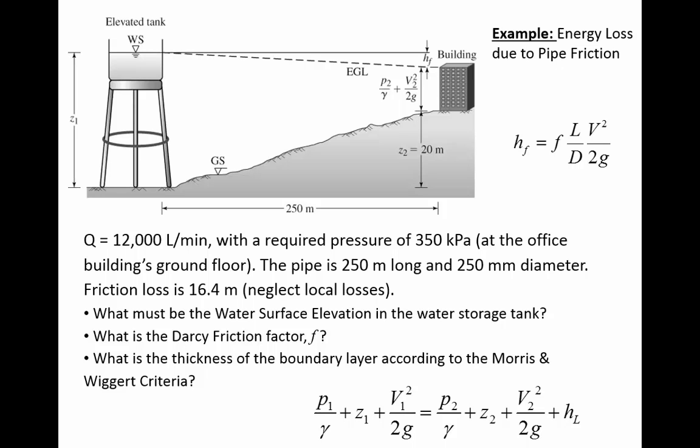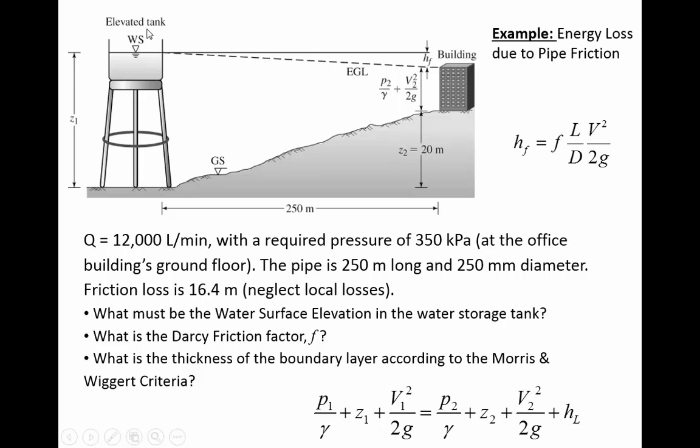All right. Well, let's apply some of these ideas. Here we've got the energy equation at the bottom, and the Darcy-Weisbach equation on the side. The Darcy-Weisbach equation says that you can calculate the head loss based on the friction factor, the length of the pipe, the velocity flowing through it, and the diameter of the pipe.